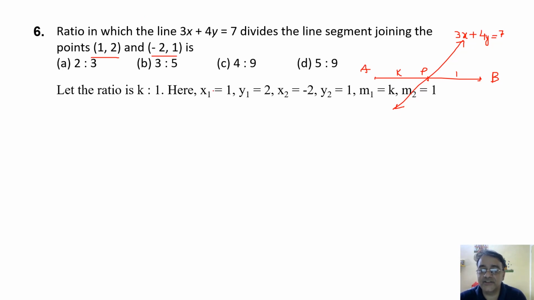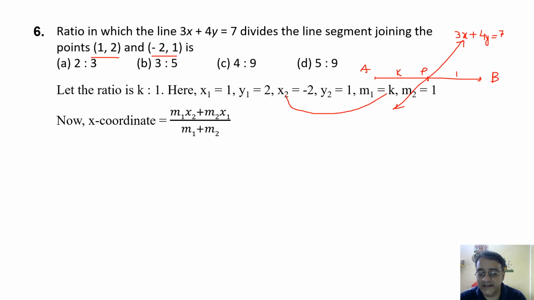Now the x coordinate. The formula for the x coordinate is m1 x2 plus m2 x1 upon m1 plus m2, right? So what are we going to get? k into -2 plus 1 into 1 upon k plus 1. So this will be -2k plus 1 upon k plus 1.